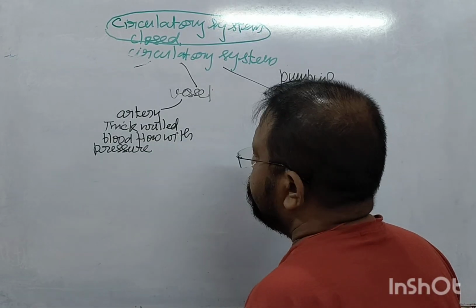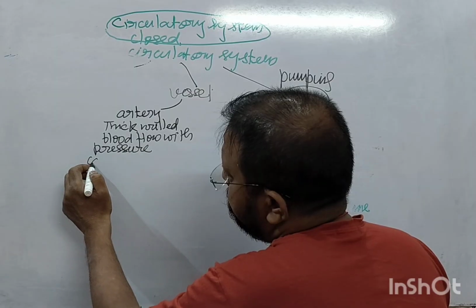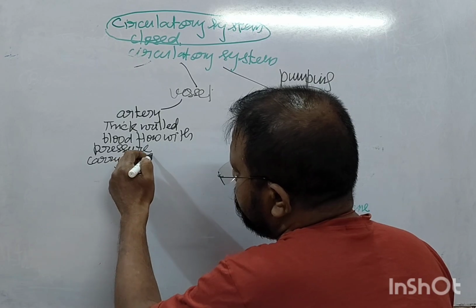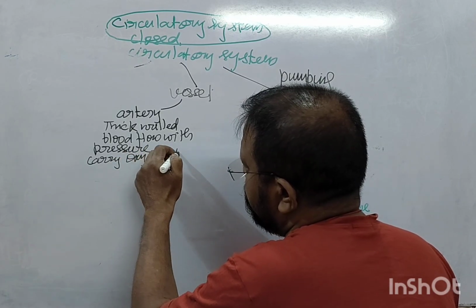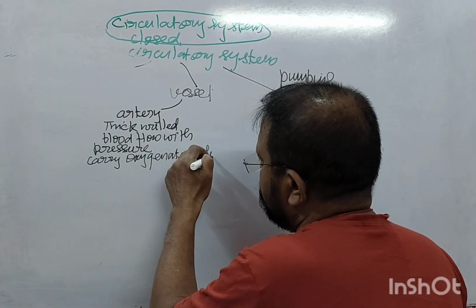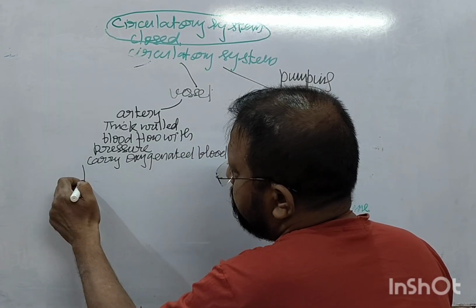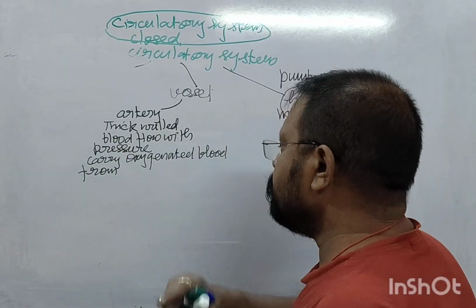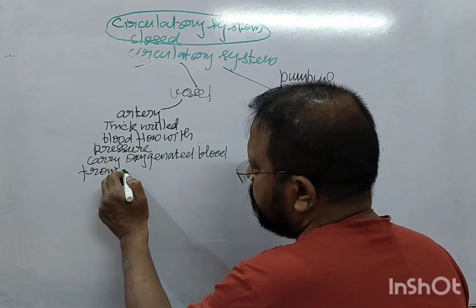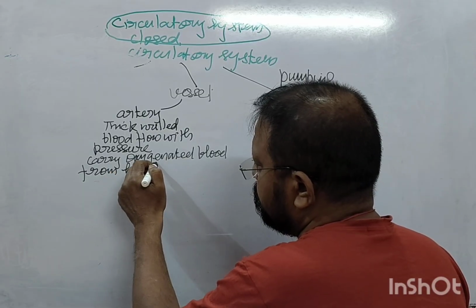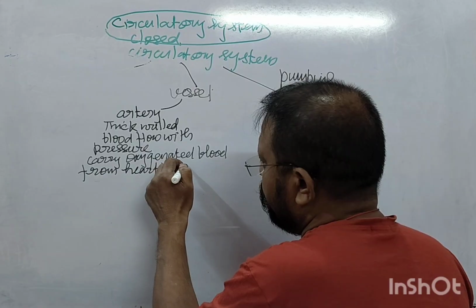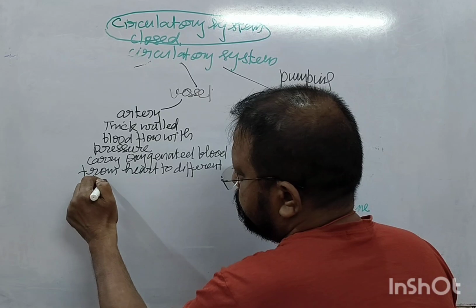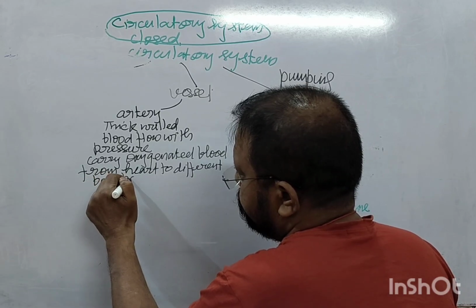They are thick walled and carry oxygenated blood from the heart to different body parts.